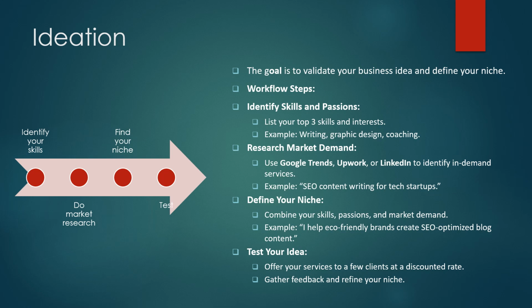The first step is to identify your skills. Then after identifying your skills, you do market research. By market research, we mean that you are going to research the need or the demand in the market for the skills that you have. And then you refine your skills and curate them with the market demand.